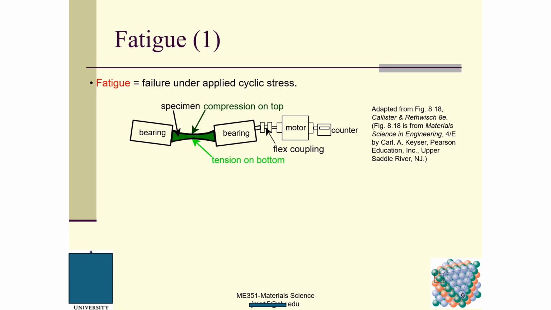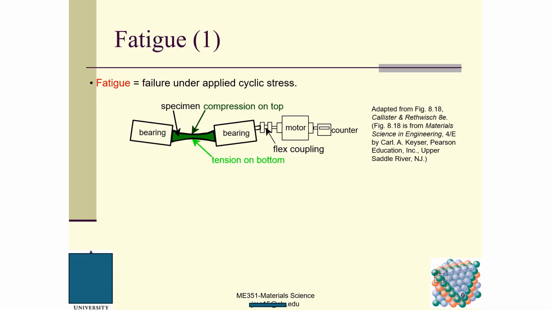And as time goes, even though the load level you apply is very, very low, much lower than the yield strength, at some point the specimen will break. So this is called fatigue failure under applied cyclic stress.